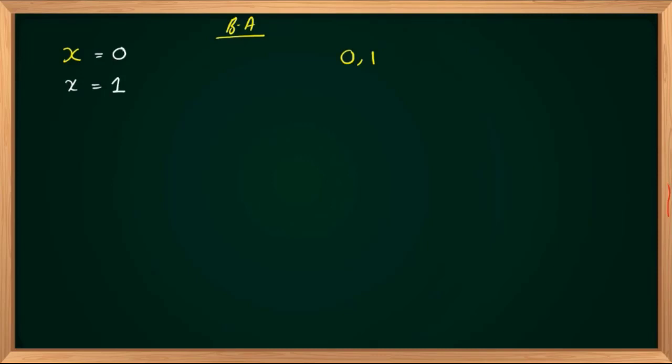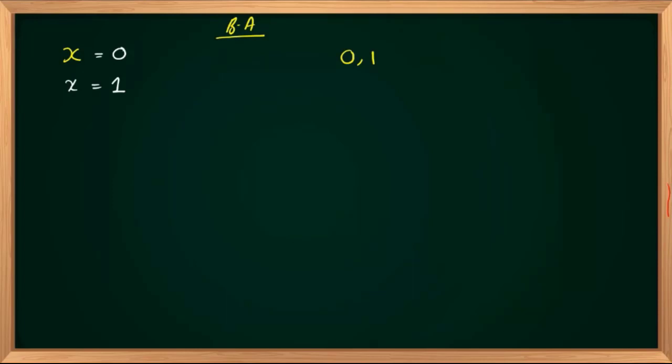So a Boolean variable is nothing but a variable that can accept two values, namely logic 0 and logic 1. Similarly, if we define a Boolean function, that also implies the function can take only two values, logic 0 or logic 1.